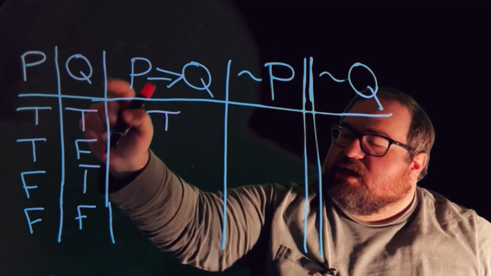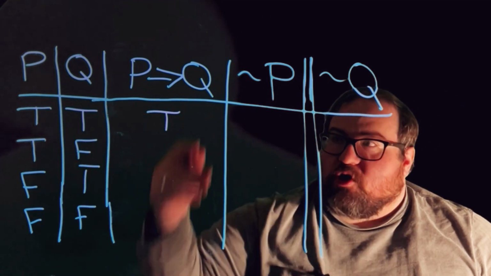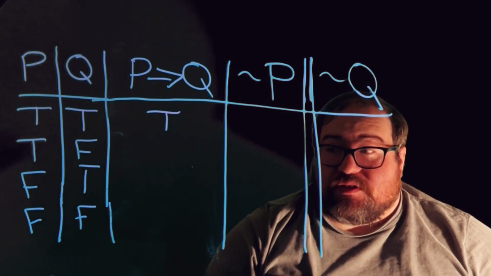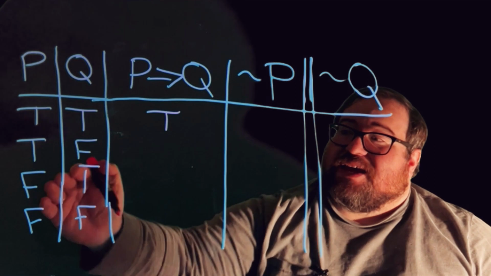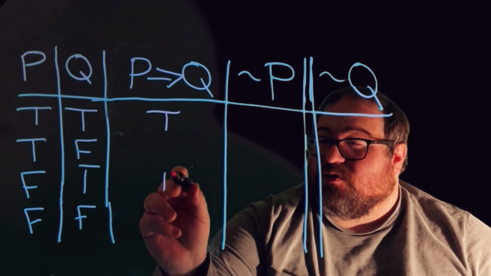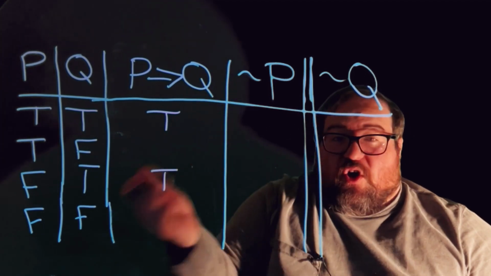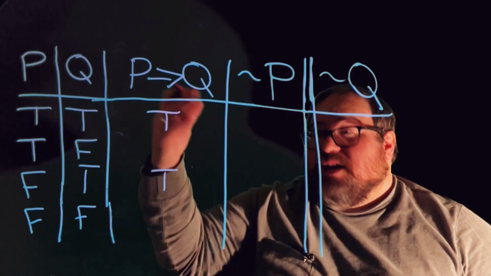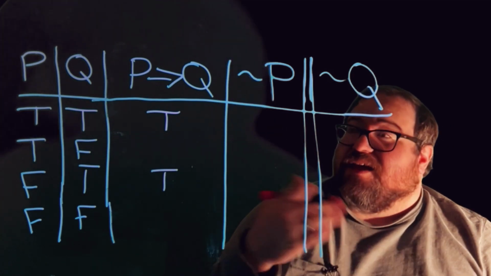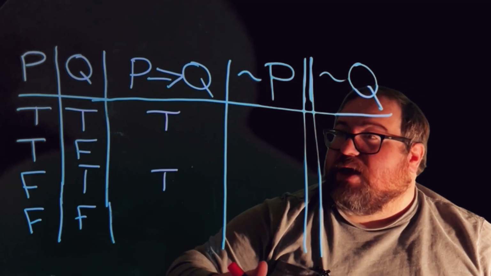So we know that if the antecedent and the consequent are both true, then the conditional statement is true. We also know that if the antecedent is false, but the consequent is true, it's also a true statement, because whatever the consequent may be could also occur without the antecedent occurring. But it is not the case that the antecedent would occur without the consequent. Okay?